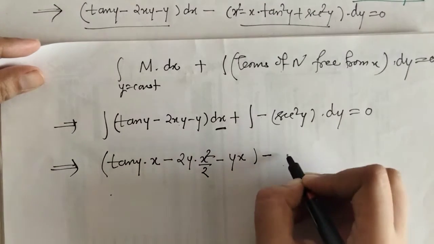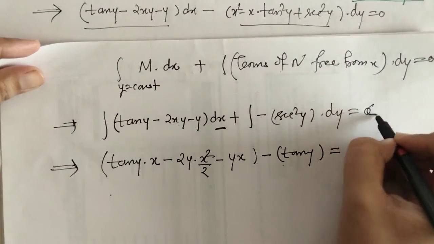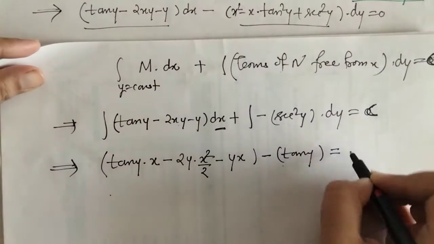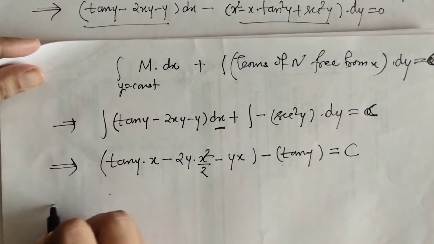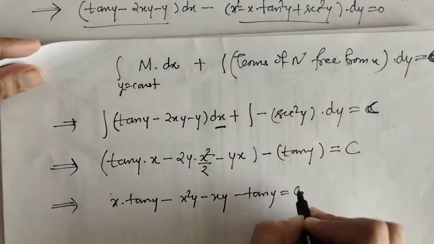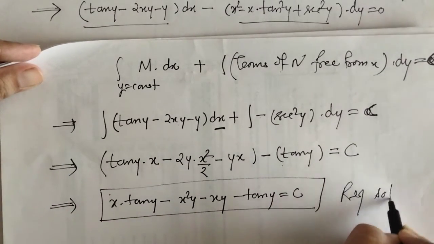And sec square y integration is tan y. Yes, here we have c, not a 0. Yes, this is c here. So now we can simplify, and this is the required solution.